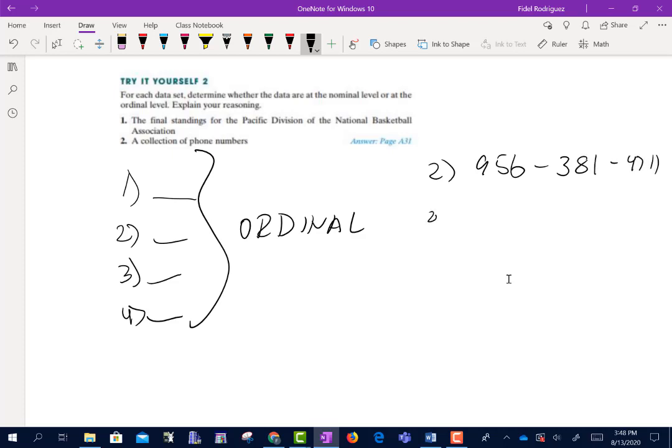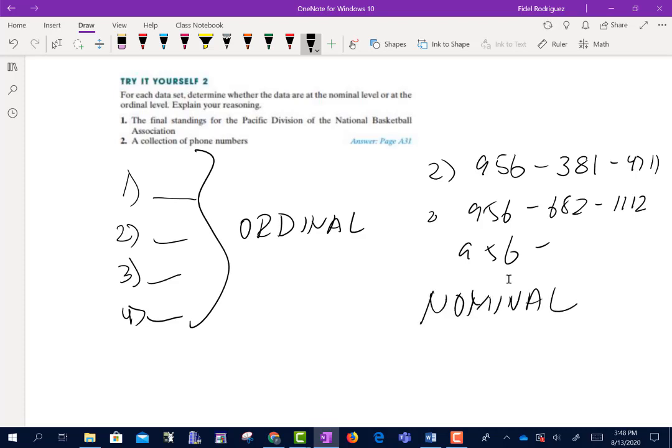Number 2, a collection of phone numbers. 956-381-4711. 956-682-1112. 956, right? I'm going to keep playing this game. It wouldn't make sense for me to order them or anything. I really couldn't put them in any kind of order, right? So these are just going to be nominal, right? Think about it this way.